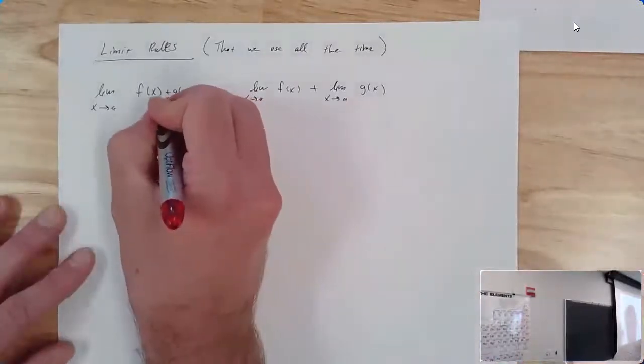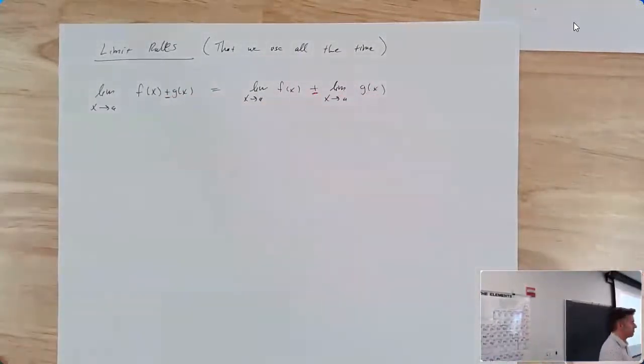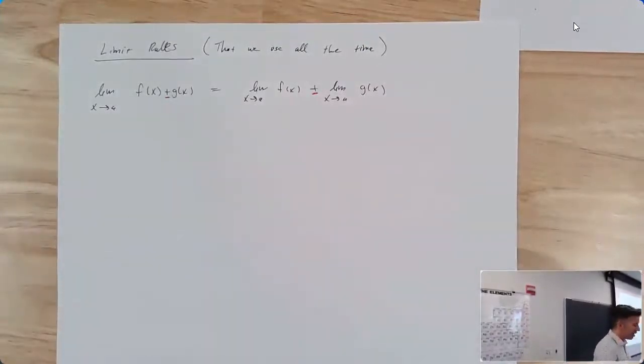Sum, and I'm going to be lazy, difference. So the limit of a sum is the sum of the limits, and the limit of a difference is the difference of the limits. And I should say this is all with the caveat that each of the limits exists.